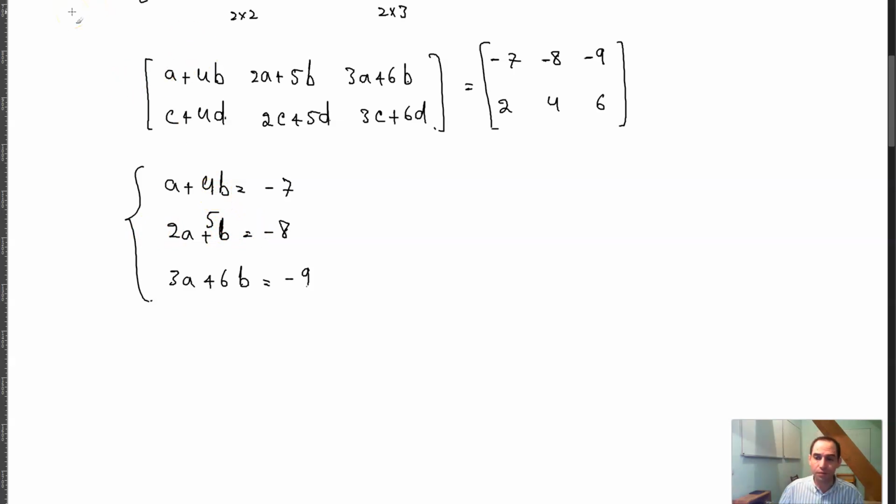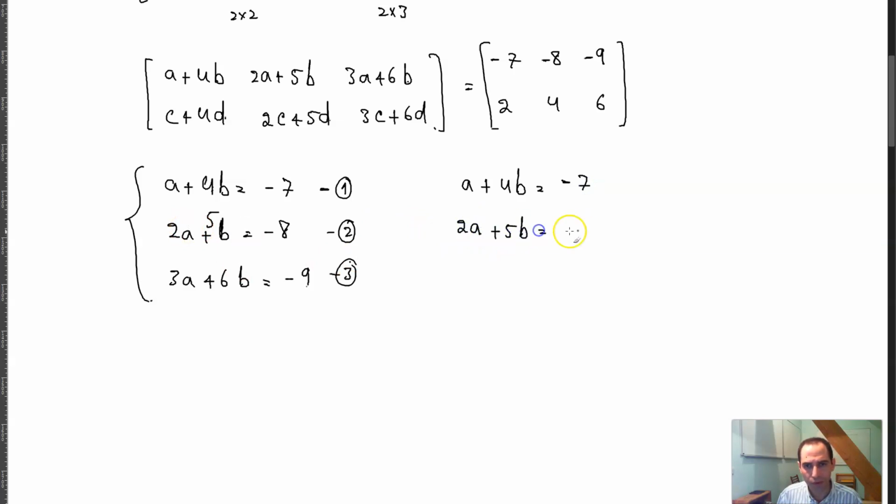Okay, so now I can pick two of these formulas. For example, I can pick number 1 and write it as A plus 4B is equal to negative 7, and number 2, which is 2A plus 5B is equal to negative 8, and solve it as a system of equations.